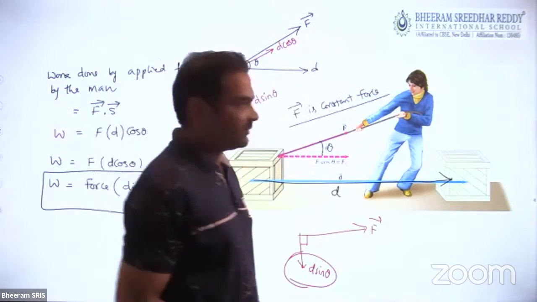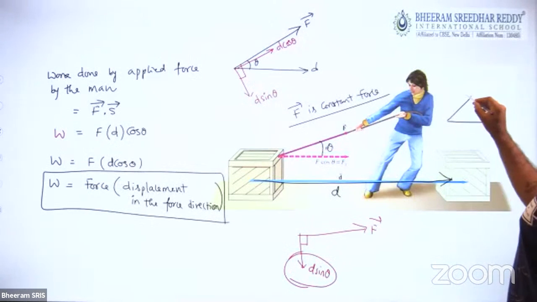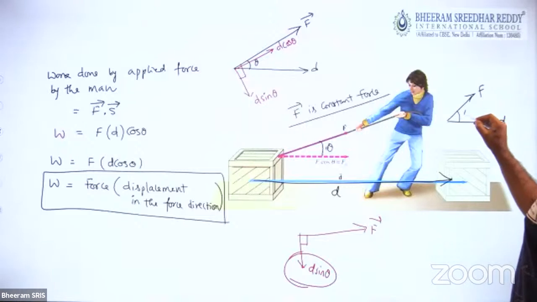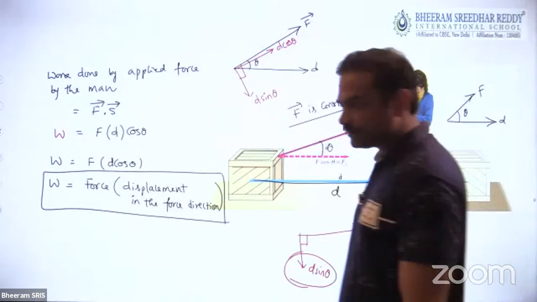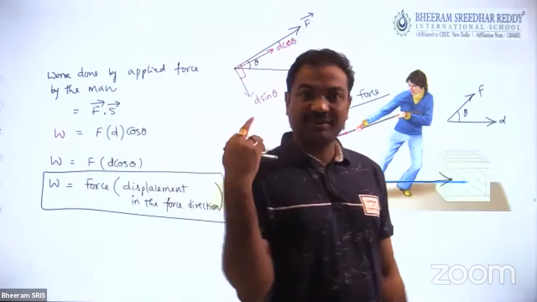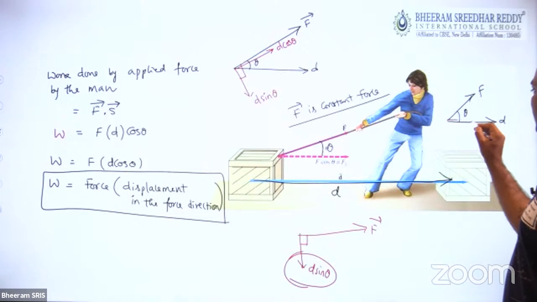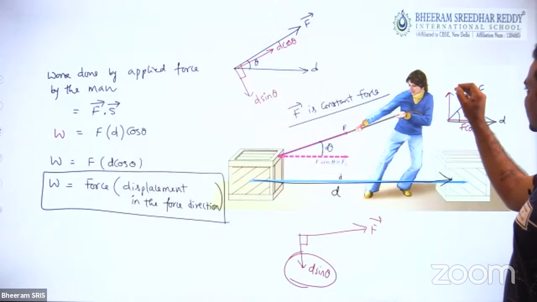Similarly, you can do it another way. This is the displacement, this is the force, and the angle between them is theta. Now instead of displacement, I'm splitting the force F into two components: one is F cos theta, the other is F sin theta.